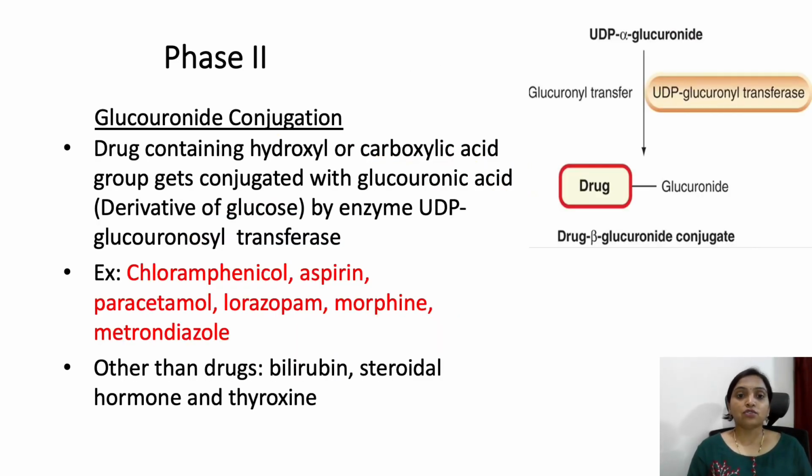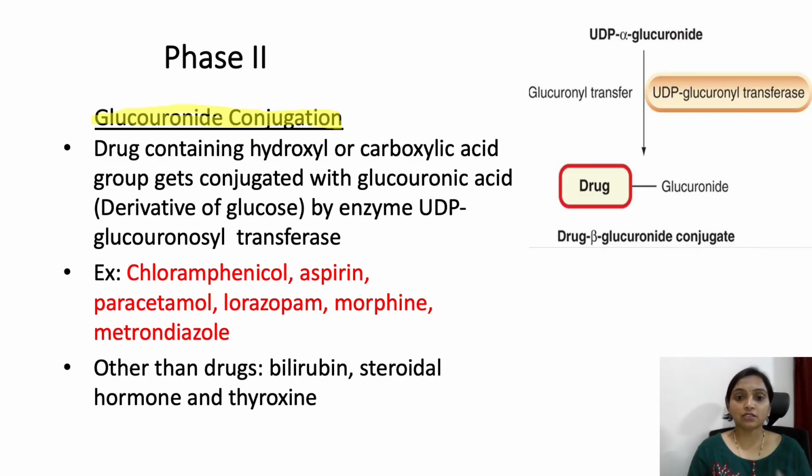Moving on to phase 2 reaction, very important phase 2 reaction is glucuronide conjugation. So there will be n number of questions. Okay, this is the only phase 2 reaction which will occur in the microsomal enzymes.